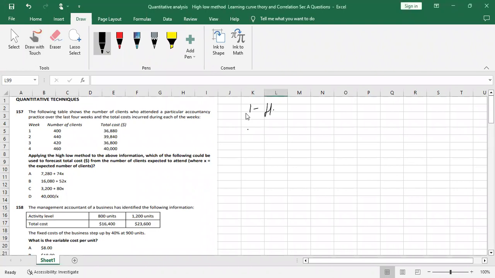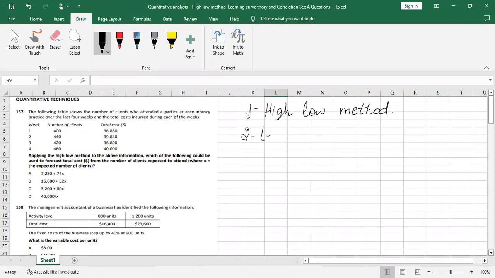First one is high-low method, but not only the simple high-low method which you studied earlier. It also includes a simultaneous equation. I will do MCQs with you in which I will make simultaneous equation.